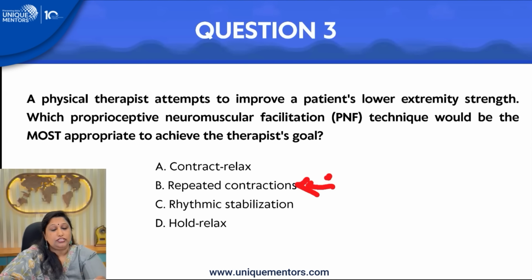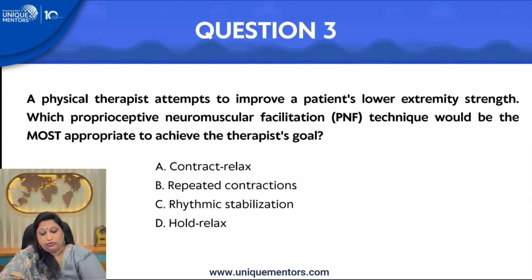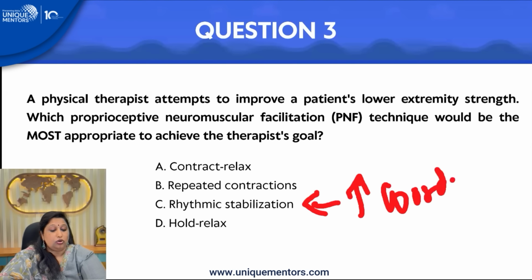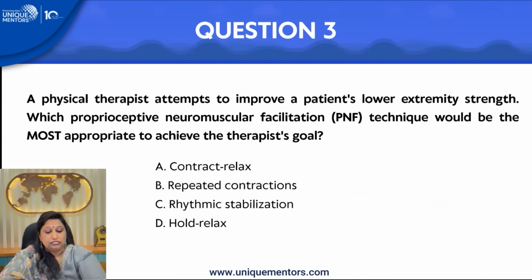So we are initiating a contraction, and along with that we are trying to sustain that contraction for a longer time, and definitely that will help in increasing the strength. Now coming to rhythmic stabilization, this is meant for increasing the coordination, mainly the coordination. So it also increases the range of motion.